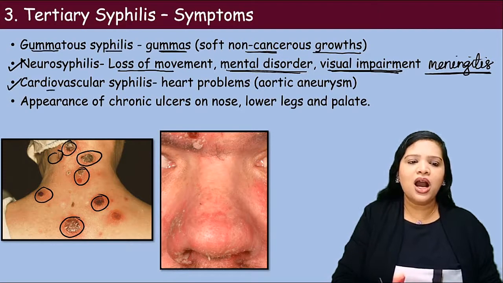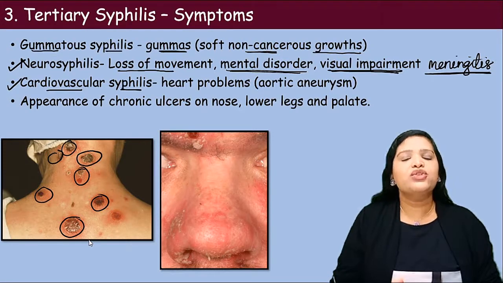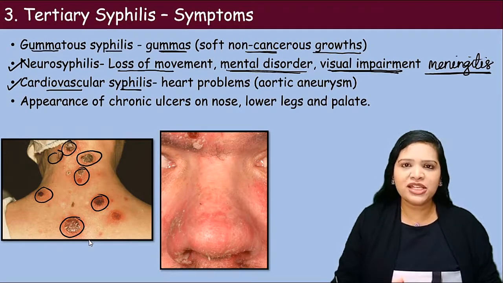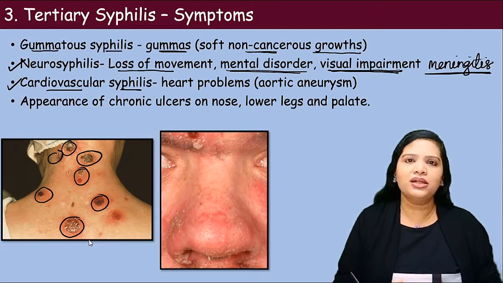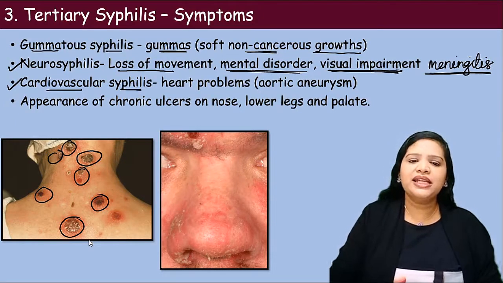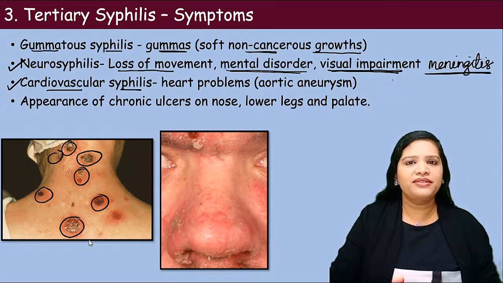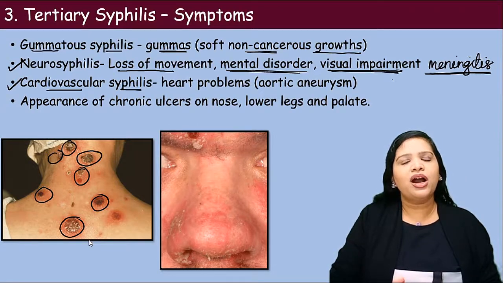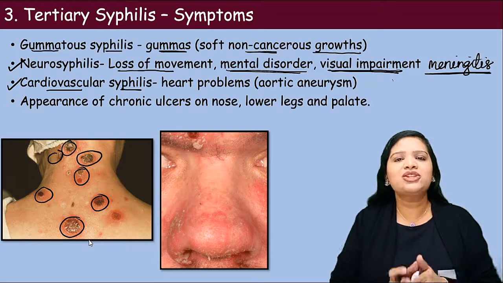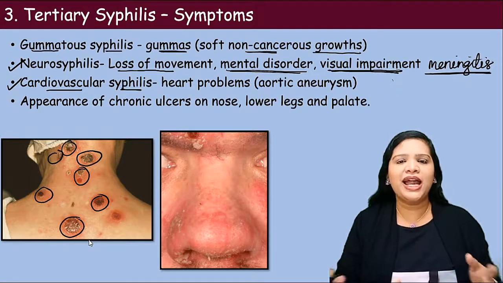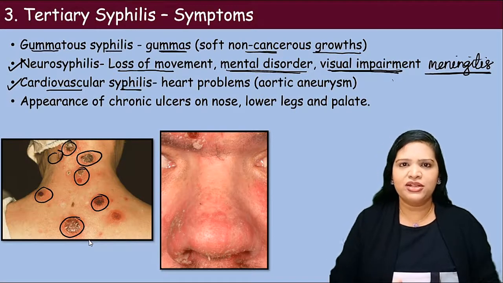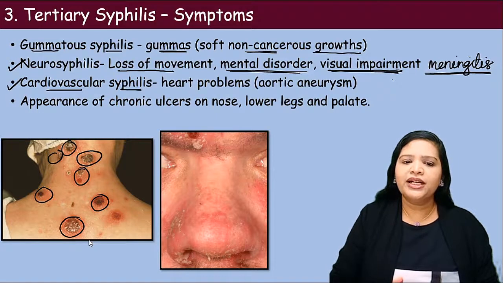The third one is cardiovascular syphilis. Since the bacteria get mixed with the blood, they go to the heart and affect the aorta. What is the aorta? The aorta is the biggest blood vessel, emerging directly from the heart and supplying different regions of the body. Here what happens is aortic aneurysm.